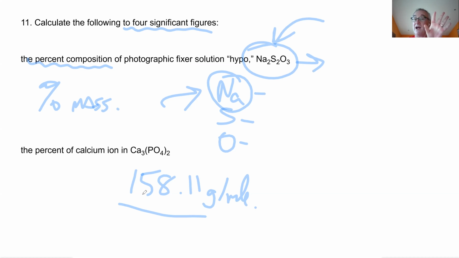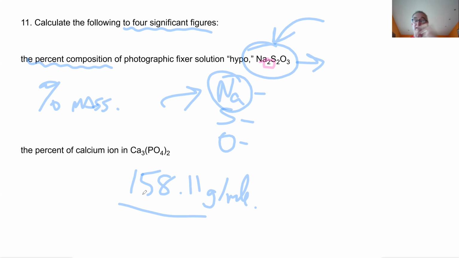Well, right now I'm asking you, if I have a mole of this compound, how many moles of sodium do I have? 1 mole. 2 moles. 2, right? You have to look at the formula. It tells you right there what's in the formula. That's the whole point of the formula, to tell you, if I have 1 mole of this, how many moles of each one.